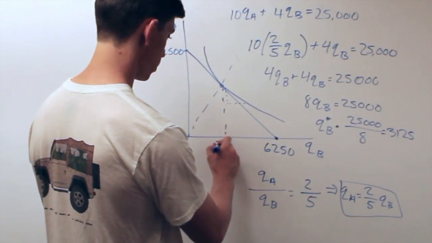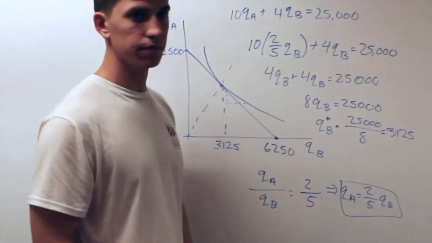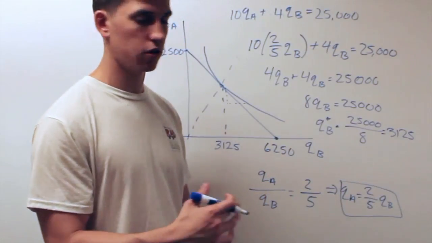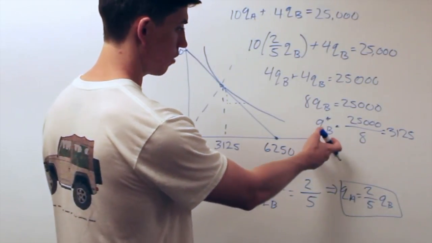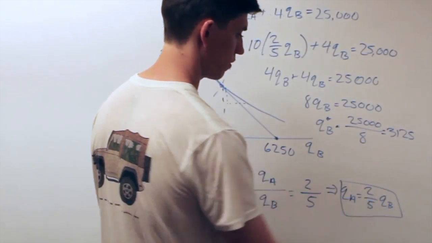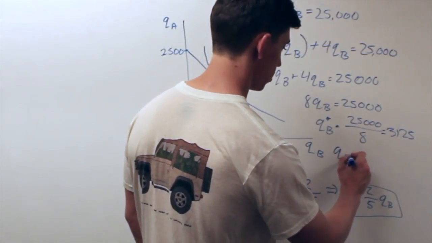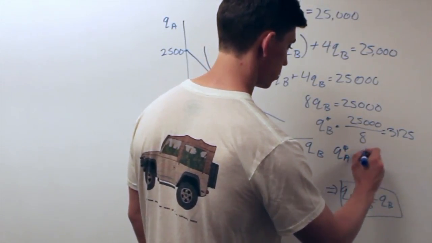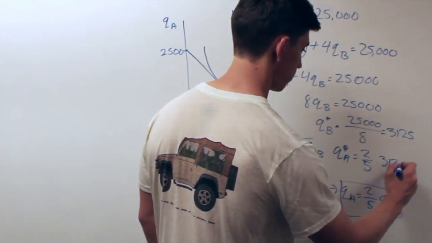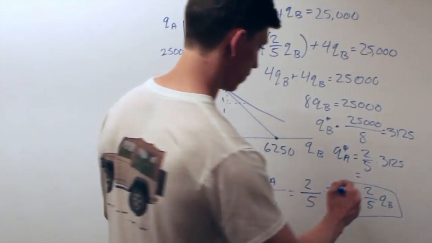So it says 3,125, and that is our optimal quantity of B that we'll consume with these indifference curves and these prices. We can find what the optimal A is then just by plugging 3,125 into there. So that means that QA star is just equal to 2/5 times 3,125, which is equal to 1,250.